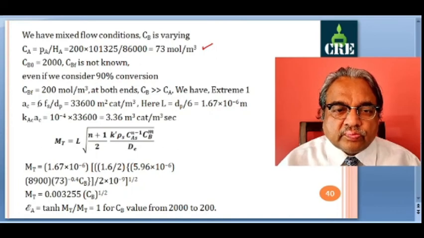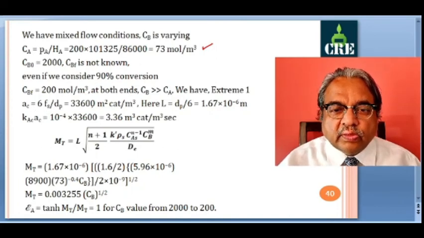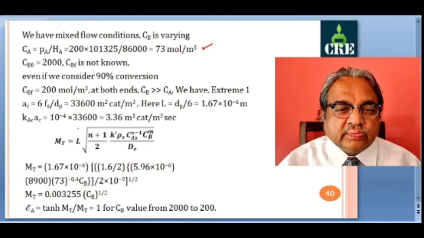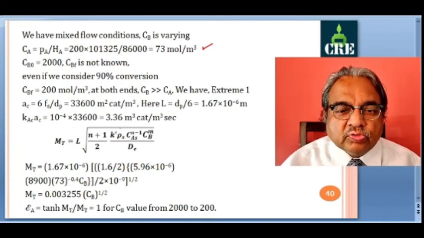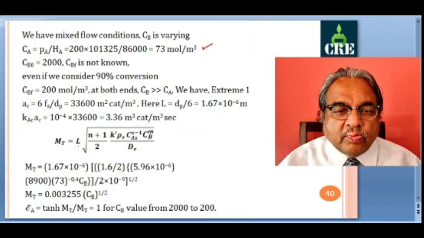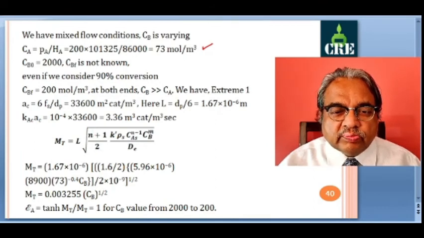So Ac we have calculated, L is dP by 6, KAC is also calculated. Thiele modulus L n plus 1 by 2. So n is 0.6, 1.6 by 2.